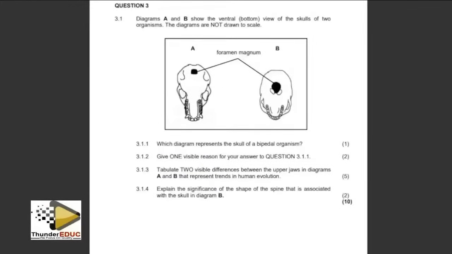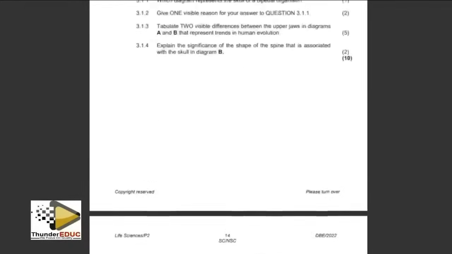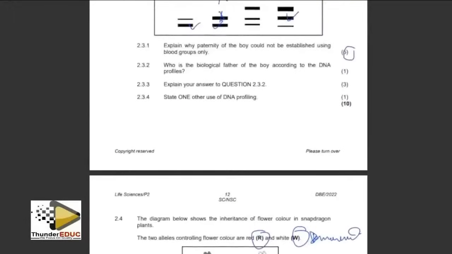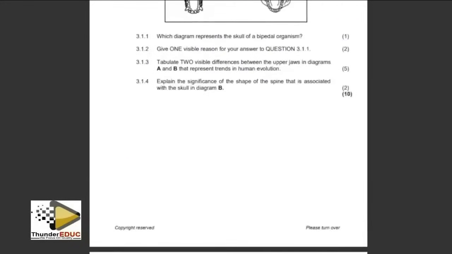But now, what are the factors which contribute to bipedalism? There are 3. I will write even if it doesn't want me to write. Number 1 is the shape of the spine.